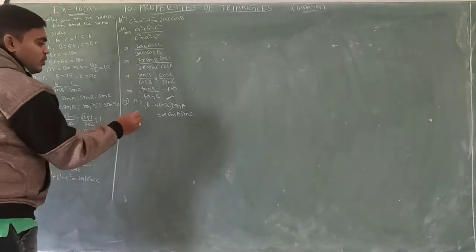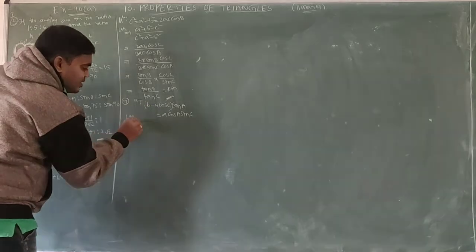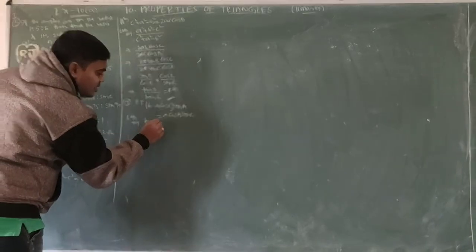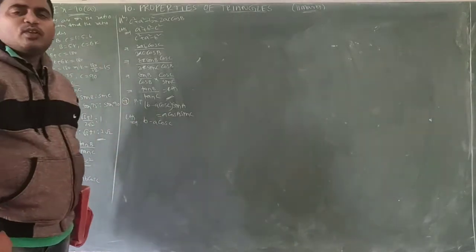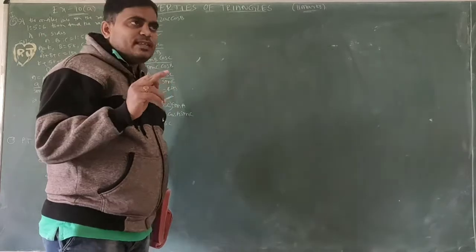Okay, now I am taking LHS: b minus a cos C. I want to write the projection rule for side b.